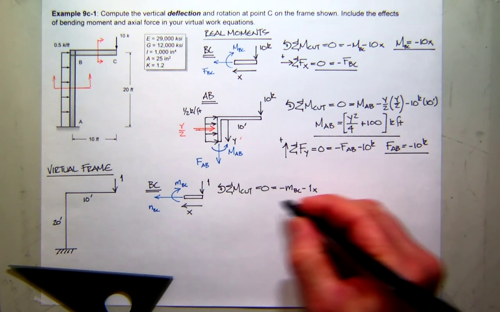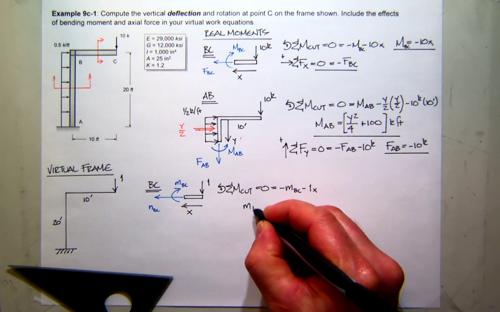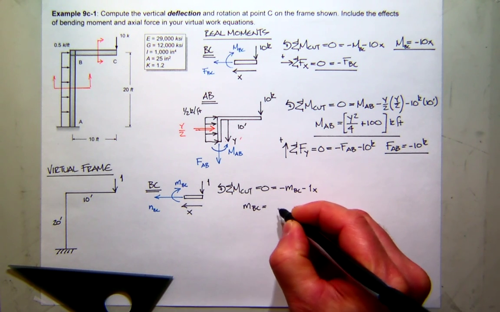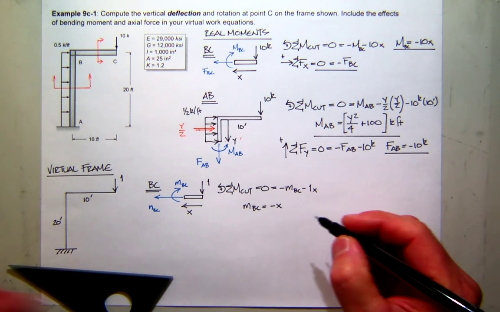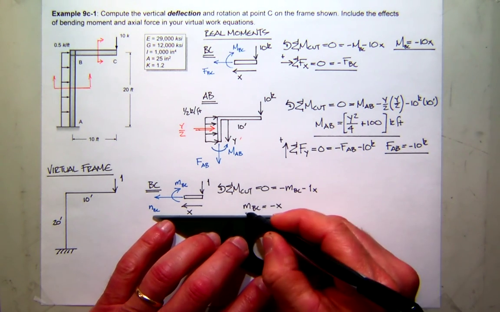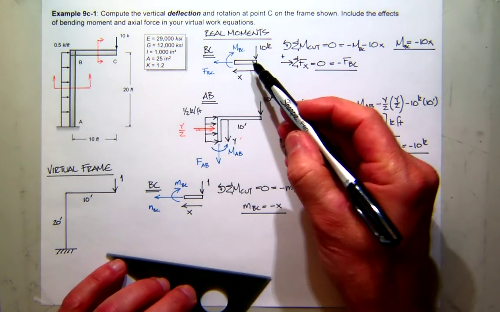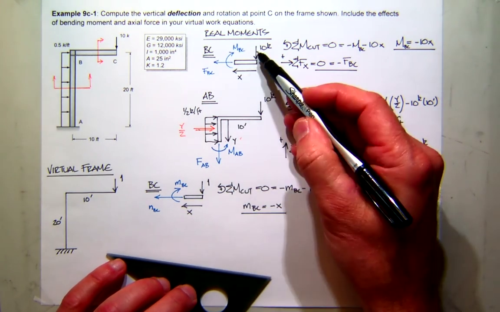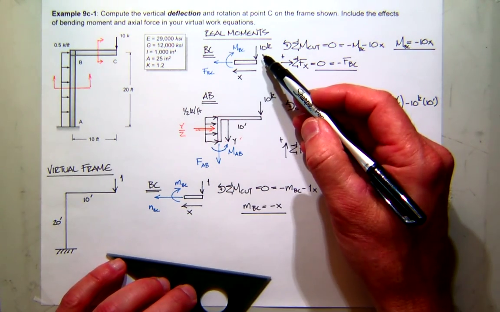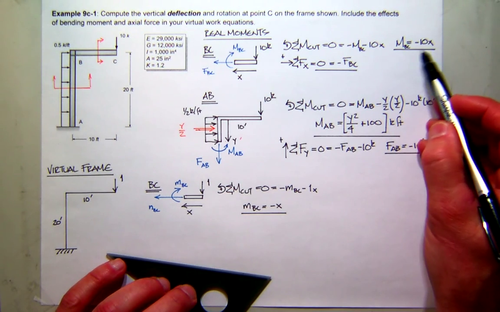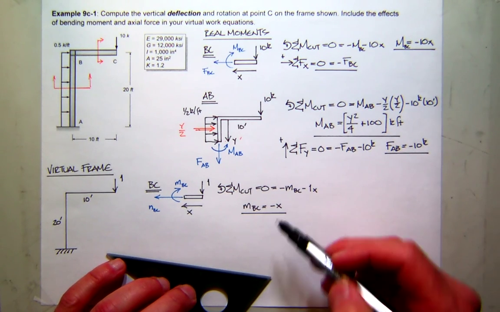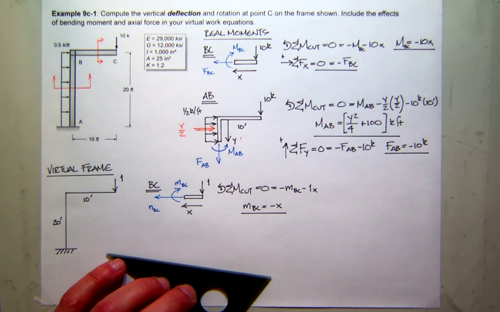So now I can find my virtual moment. It's simply just minus x. Now how is this one different from this one? Just a factor of 10, right? So if I were to divide this one by 10, I would get minus x. So that seems to correspond with what we've been doing.